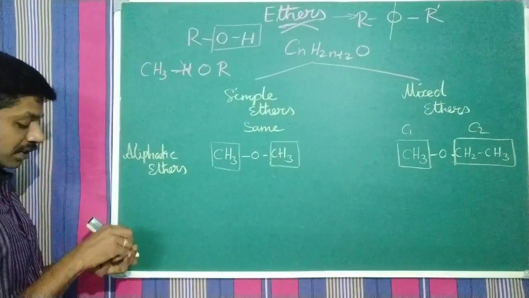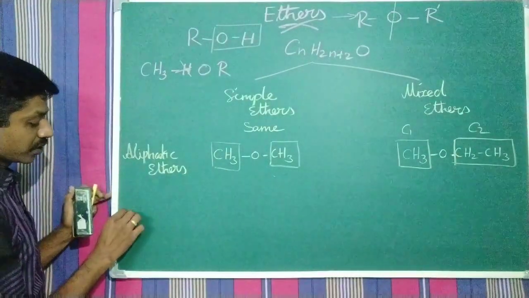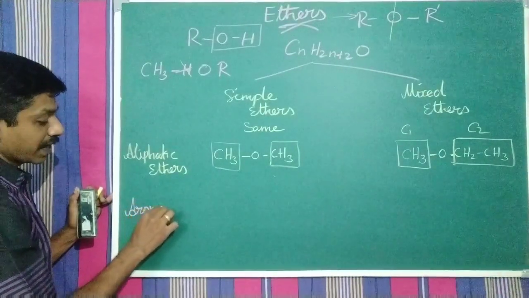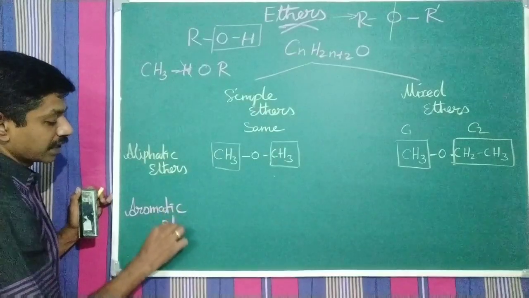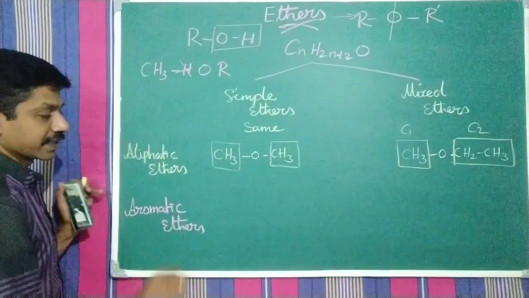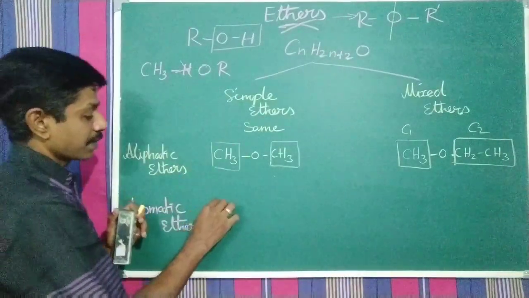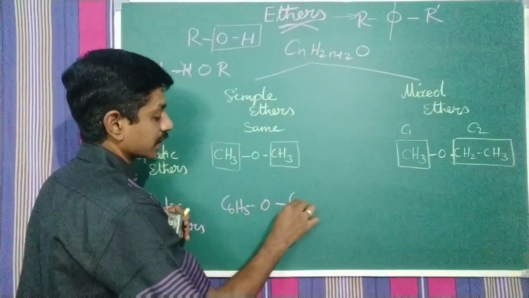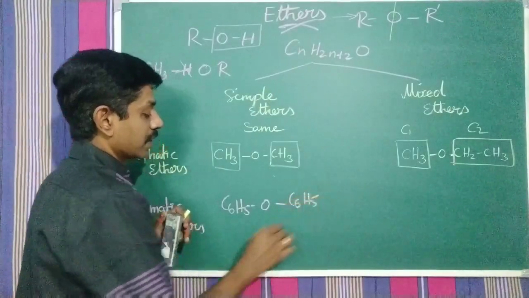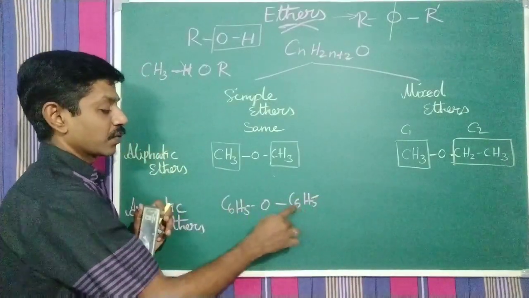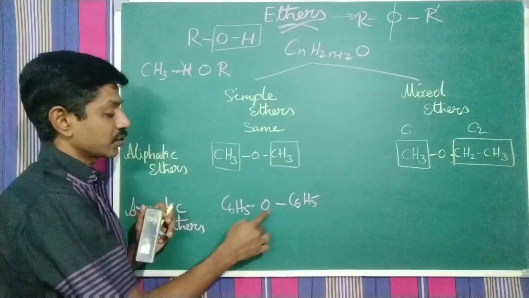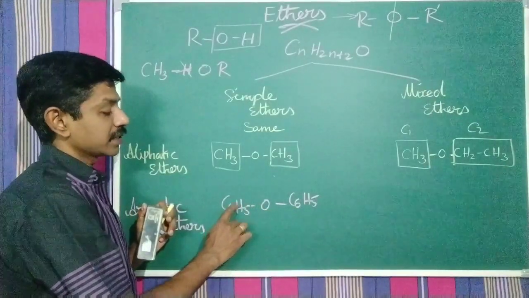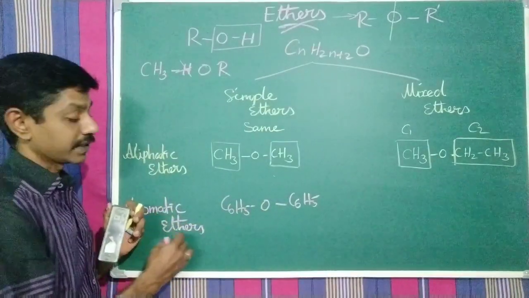In case the groups attached on both sides, or at least one side, are aromatic in nature, then they are called aromatic ethers. Let me give you an example: C6H5-O-C6H5. This is a phenyl group; both phenyl groups are attached to the oxygen atom on either side, and this is aromatic, that's why it is called an aromatic ether.